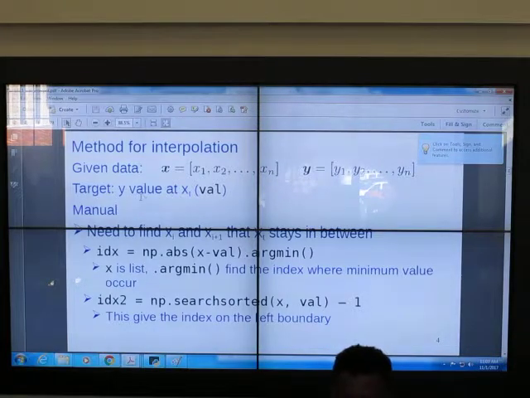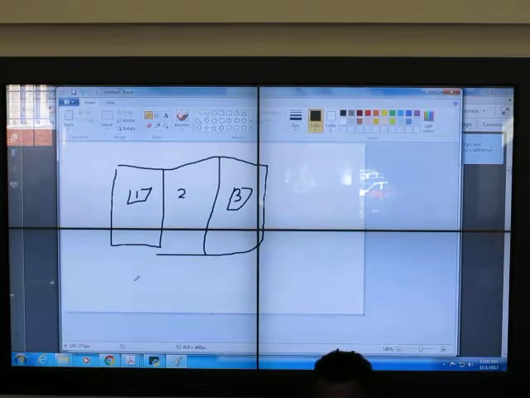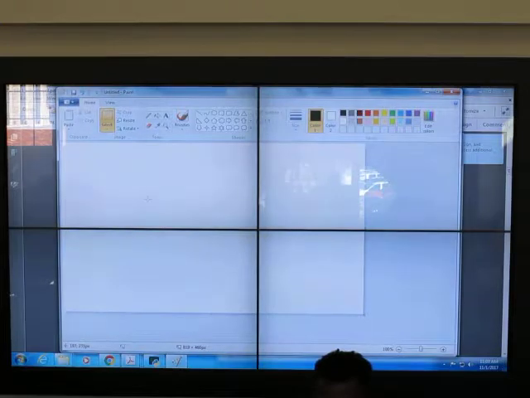But first step we need to know where is the interval that x is in, right? If we have many points, we need to know. So you have x and y.